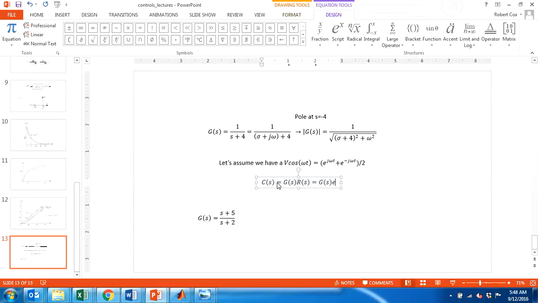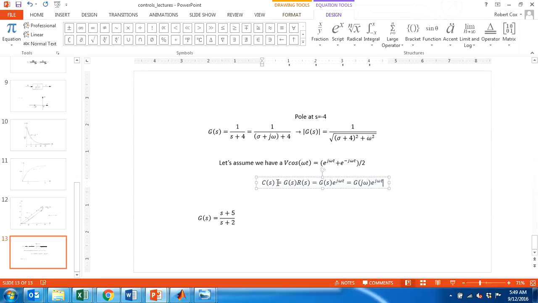with this, what you should know is that this is equal to G of j omega times e to the j omega t, like that.